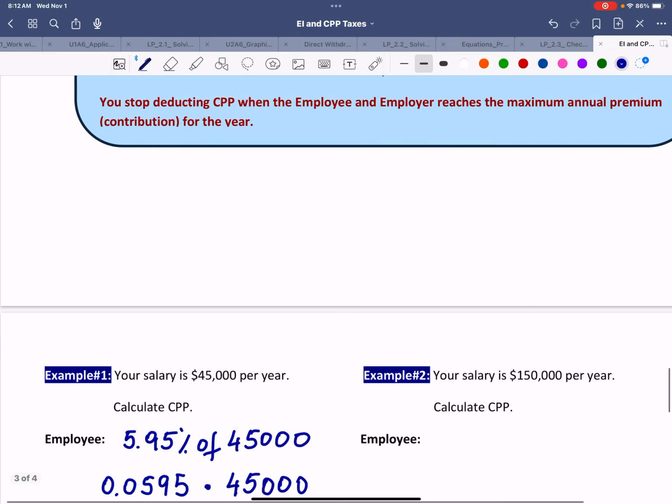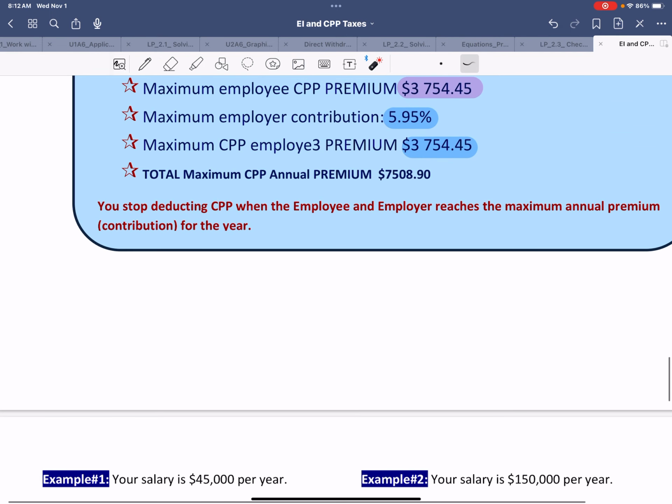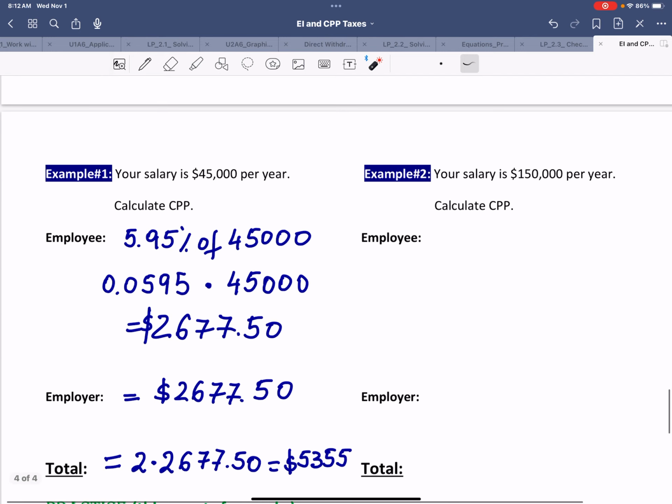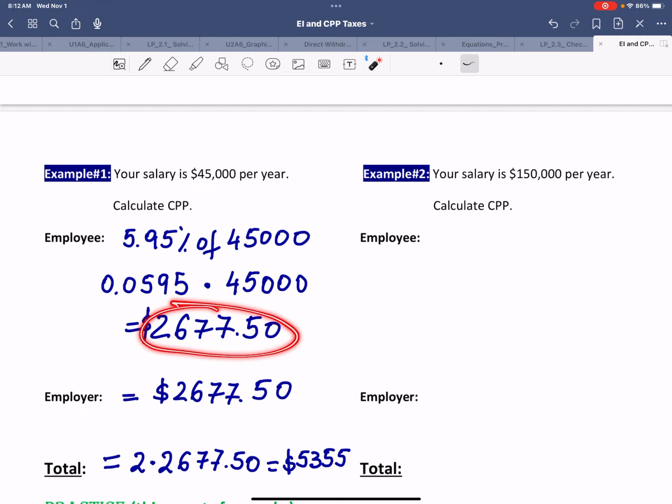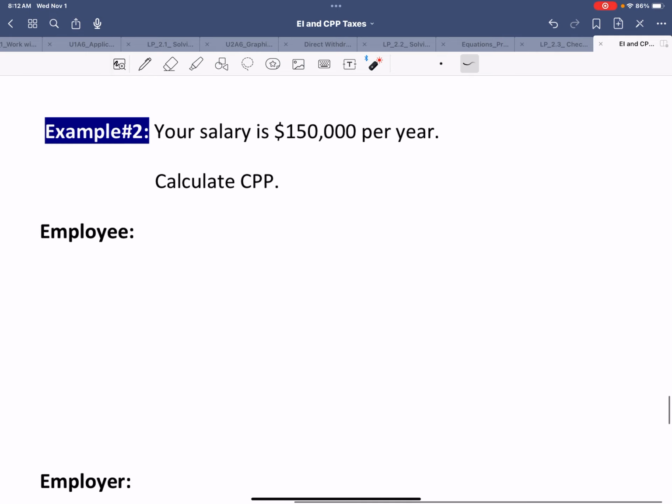Now, another thing you want to check is whether you have exceeded the premium. 3,754 is the premium. This is lower than the premium, which means that you got to pay that full amount. Now let's take a look at the next example.